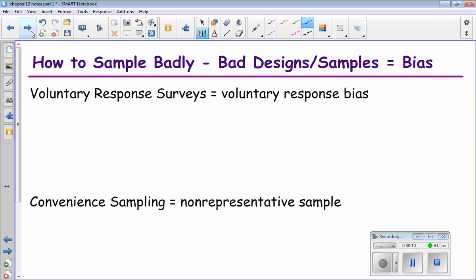Then there's the old comment cards sitting at the table. Great. Yeah, you know what I'm saying?